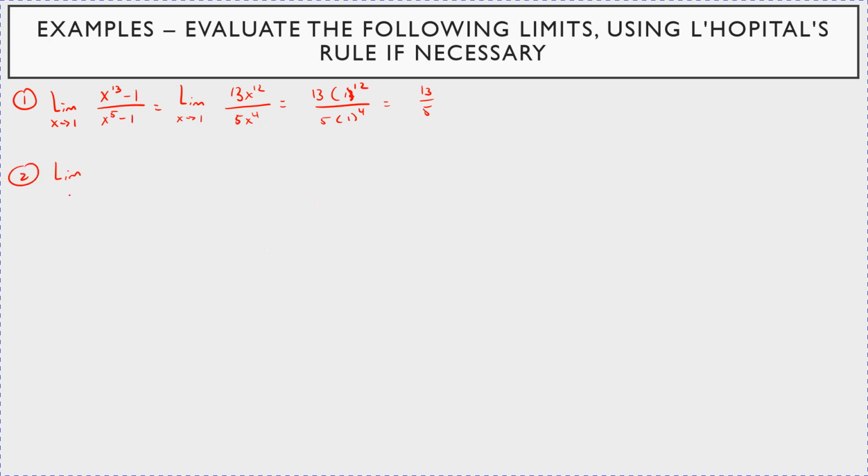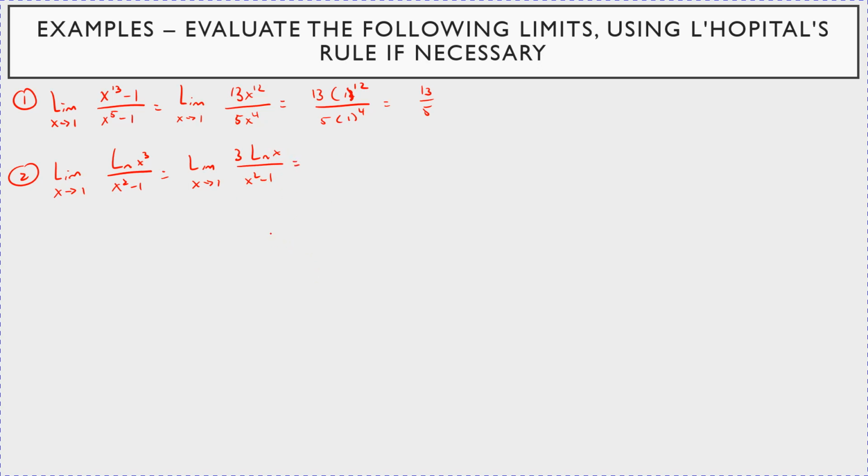Oh, let's try this one. Let's look at the limit as x goes to 1 of the natural log of x cubed all over x squared minus 1. All right, well, first off, use your rules of logs, right? Let me bring the 3 down. That'll make that easier. And now if you were to plug 1 into this, the natural log of 1 is 0, and then 1 minus 1 is 0, so you end up getting 0 over 0.